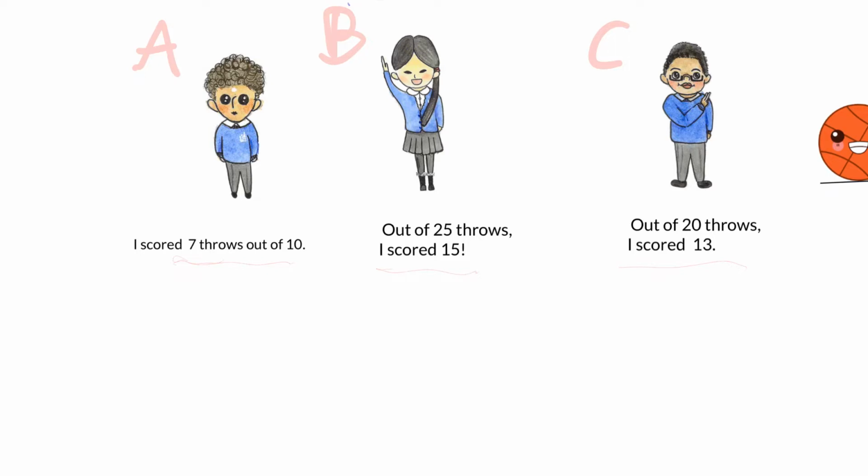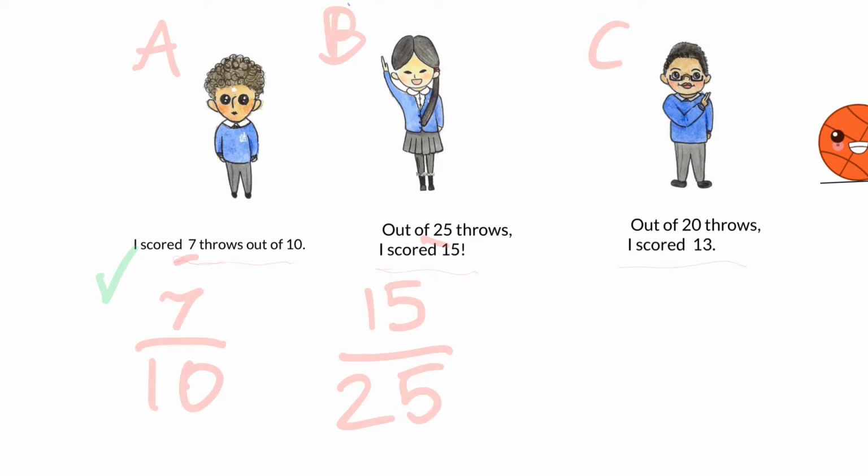Okay, so Adam scored 7 throws out of 10 possible ones. So if your fraction was 7/10, well done. Betty scored 15 throws and she had 25 throws altogether.